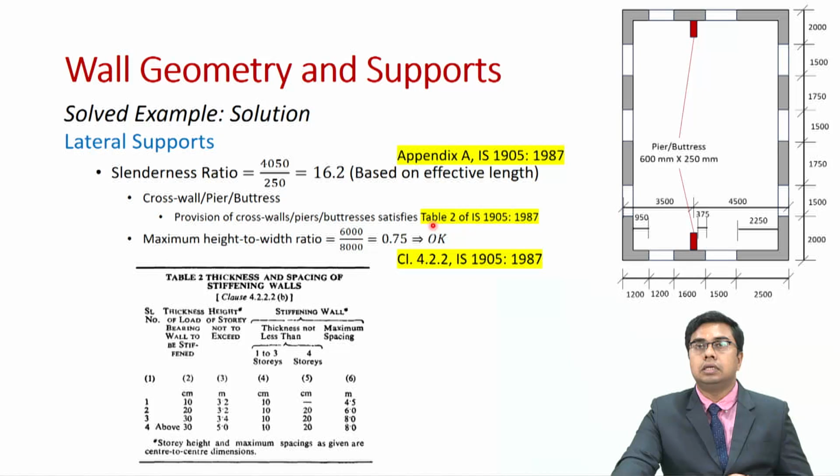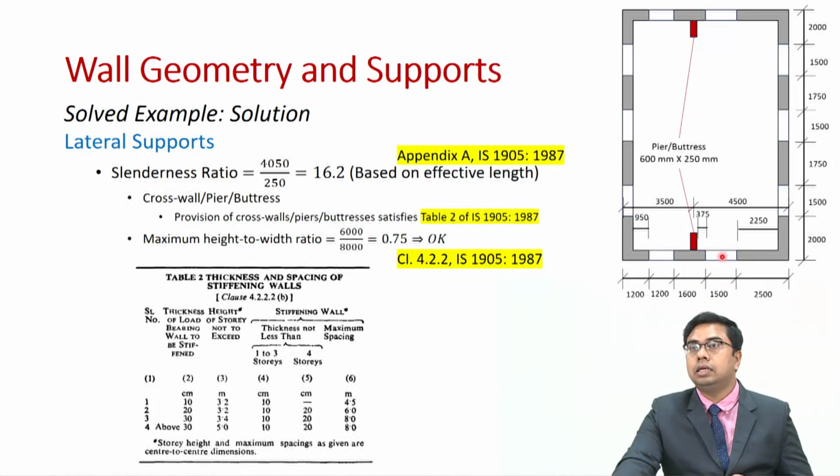some more details related to these cross wall or pier or buttress, which is related to the thickness and spacing of these stiffening walls. So, if you are stiffening any wall, that is the wall to be supported has a thickness of, let us say, 25 centimeters, because this is the wall which is being supported or stiffened.